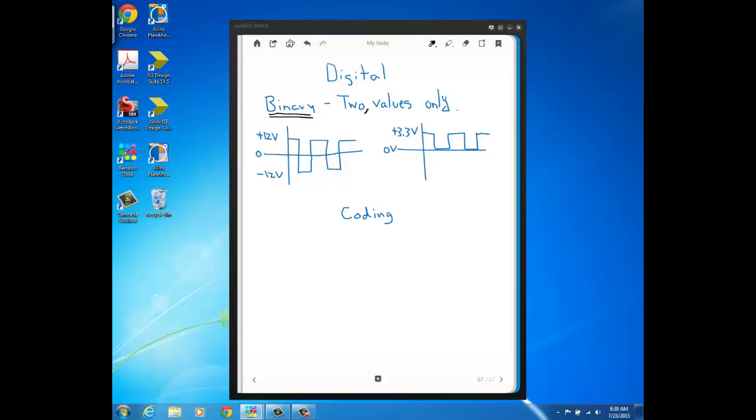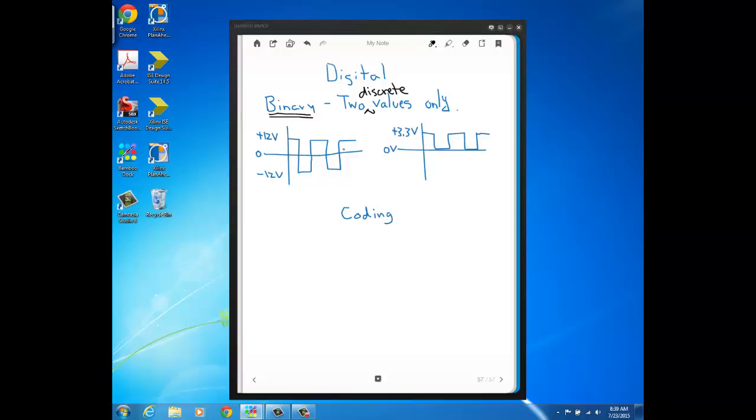So two discrete values in a digital binary signal. So here's some examples of digital signals. Here's a digital signal where the two possible values are +12 volts and -12 volts. And here's a digital signal where the two possible values are 3.3 volts and 0 volts.